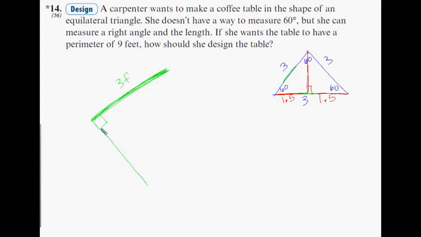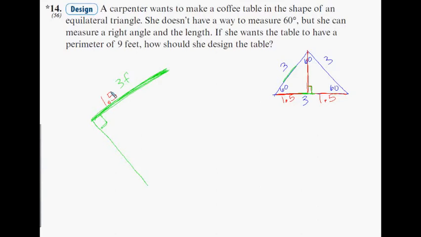Okay. Now if we think through this, now that she has her right angle, it looks like the right angle needs to be up against her base. So if she knows this is the right angle here, technically then what she needs to do is make this dimension 1.5. Okay, so she knows this is 1.5.